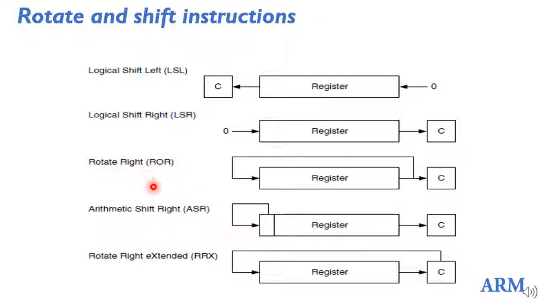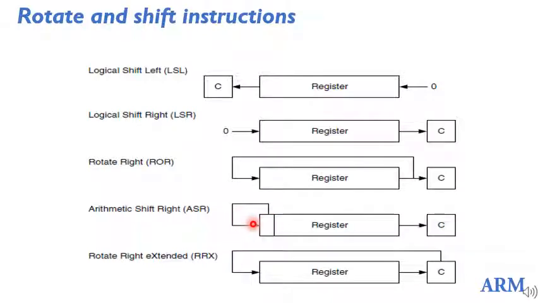Before rotate, arithmetic shift right. As I have told you, it is the same as your logical shift right. The least significant bit will go to the carry and all the bits will be shifted to the right depending on the number of times it is to be shifted. But the thing here is the most significant bit, which indicates the sign bit, will be retained.